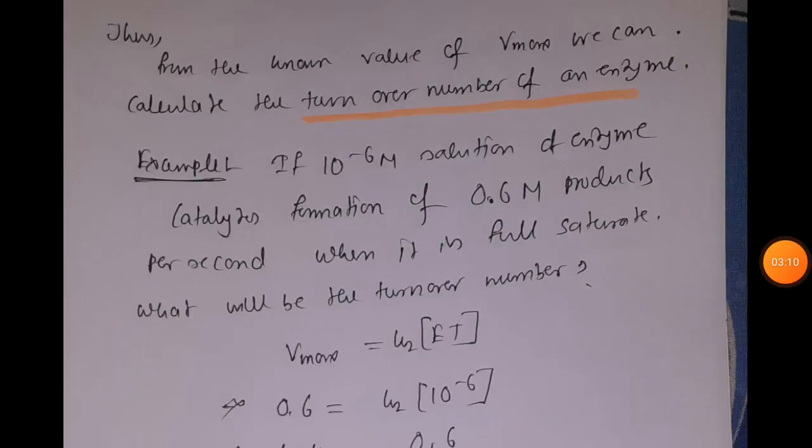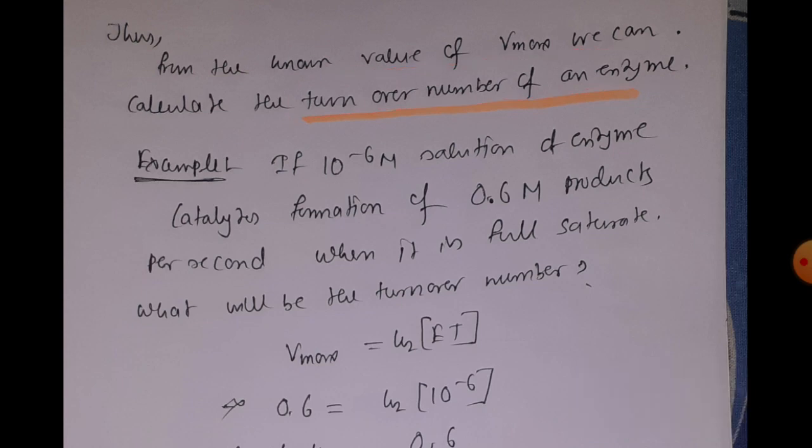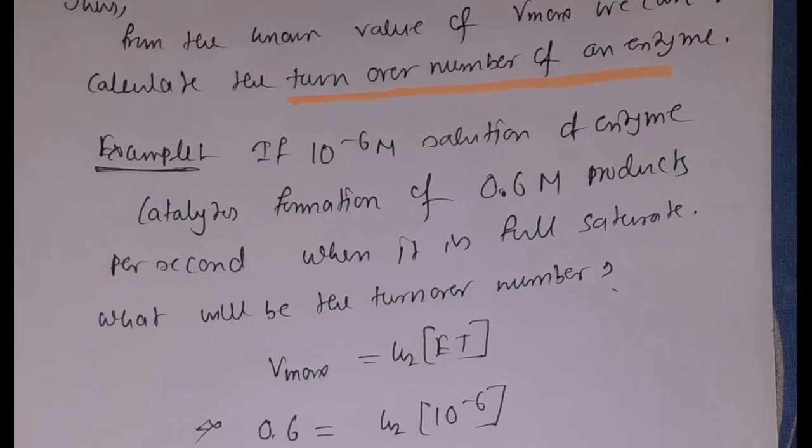So with the help of the above equation we can easily calculate the turnover number of an enzyme if we know the value of Vmax. For example, here I have taken a mathematical problem.